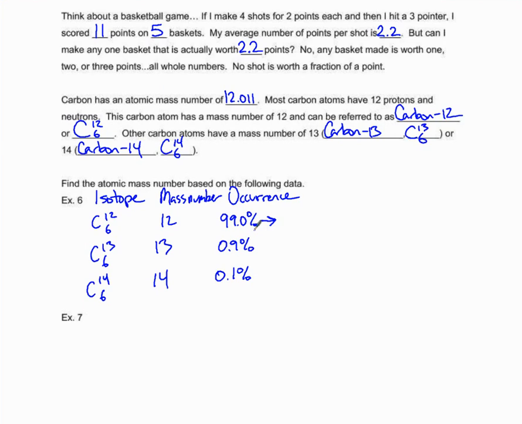So you found your answer as a decimal, you multiplied it by 100, that's how it's a percentage. 99% is actually 0.990. 0.9% is 0.009, and 0.001.